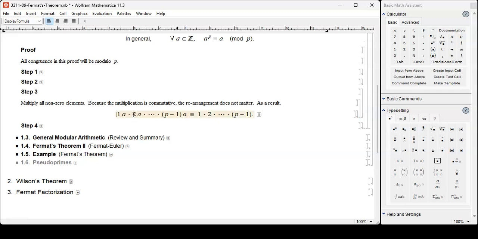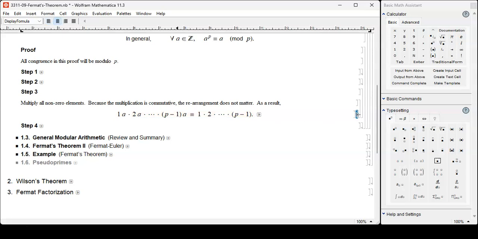So 1a times 2a times 3a times all the way up to (p minus 1)a will be congruent to 1 times 2 times 3 times all the way up to p minus 1. You see, 1a may be congruent to something here, 2a may be congruent to something over there, and 3a is congruent to something, and they may be all jumbled up. But it's okay because multiplication is commutative if you multiply them all. And then if you multiply them all, they must be congruent.